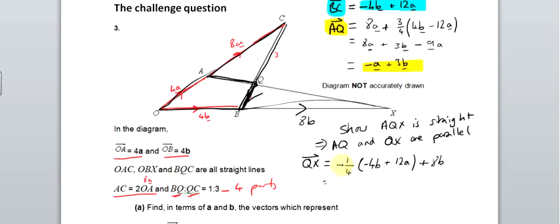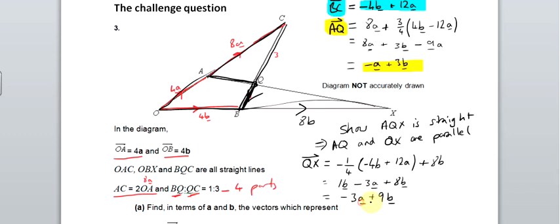So minus times minus is going to be a plus, and a quarter of 4 is 1, so it's 1b, or just b. And then a quarter of 12 is 3, but it's minus a quarter, so it's minus 3a. And then I've got my plus 8b. And this gives me, when I simplify it, minus 3a plus 9b.